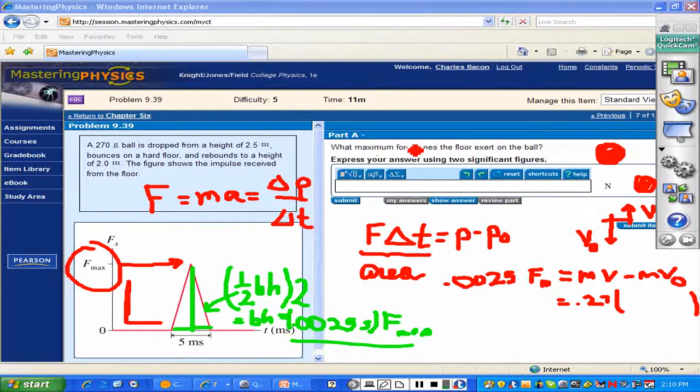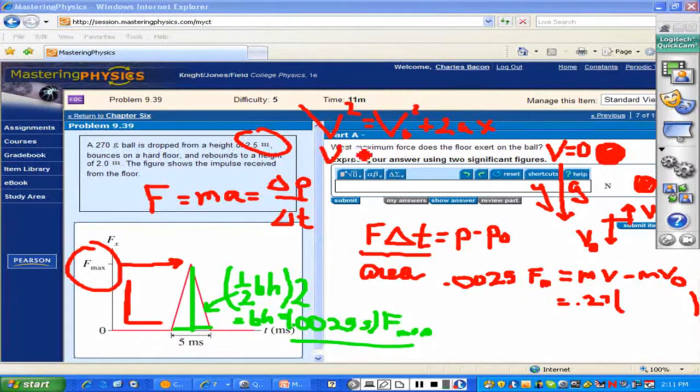Well, if we go back to our kinematics expression, when we start with the velocity of 0 up here, and we fall a distance y under an acceleration of gravity g, we can use our v squared equals v0 squared plus 2ax formula to find out how fast we strike the ground falling a distance h, or in this case 2.5 meters, under the acceleration of gravity g.